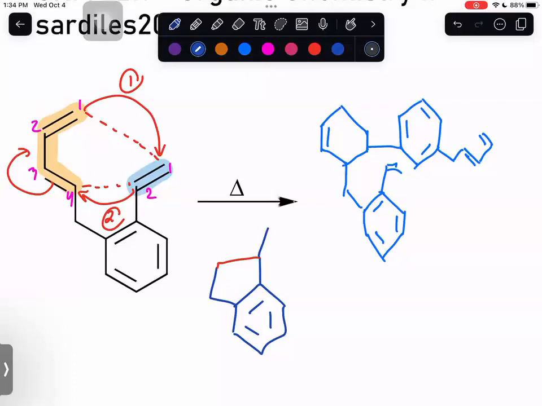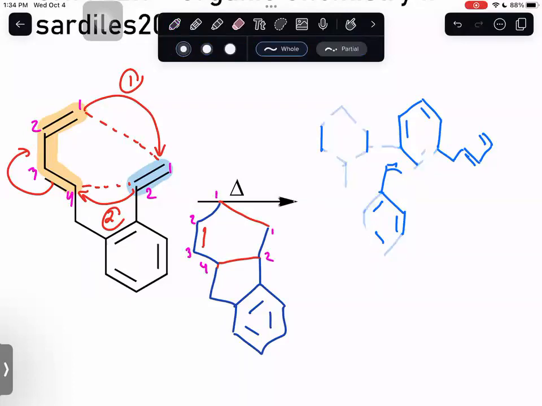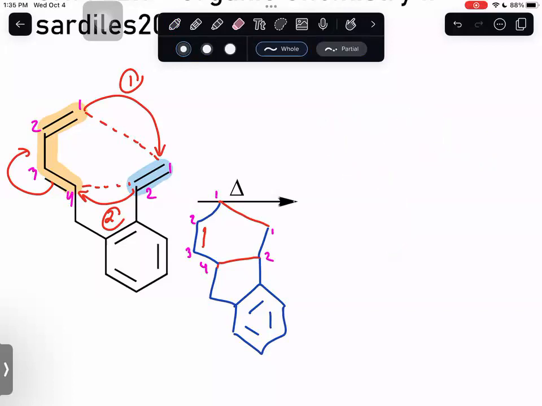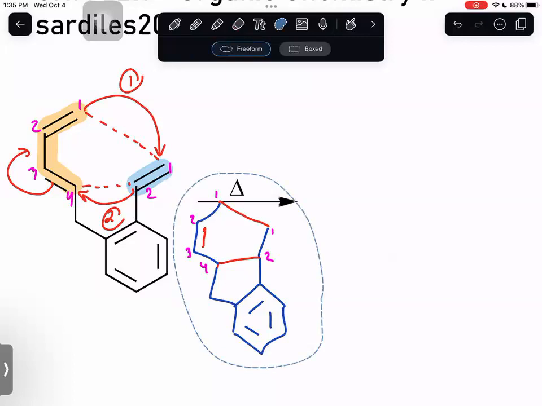I have this guy over here, I have 1, 2, 3. I have this little guy. I have my double bond between carbon 2 and 3. This is 1, 2, 3, and 4. This guy was 1 and 2. It looks very awkward, but that's because I'm trying to keep track of every carbon in here.